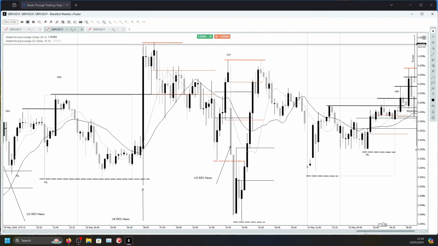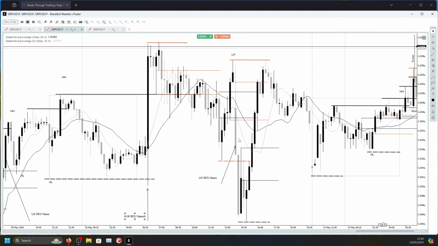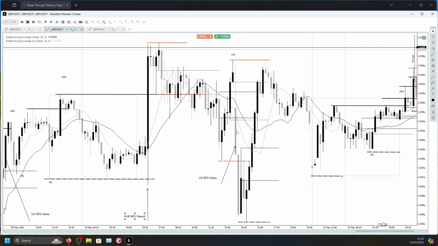But to be honest, the price action on Friday wasn't up to very much, because there was the UK red news at 7 a.m. UK time, and we can see for most of the day price was inside that candle. It broke out of it on the news at 3 p.m. UK time.